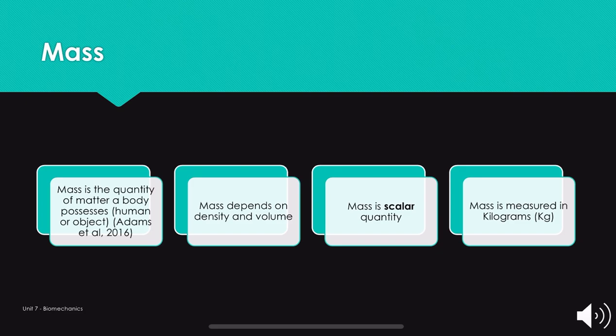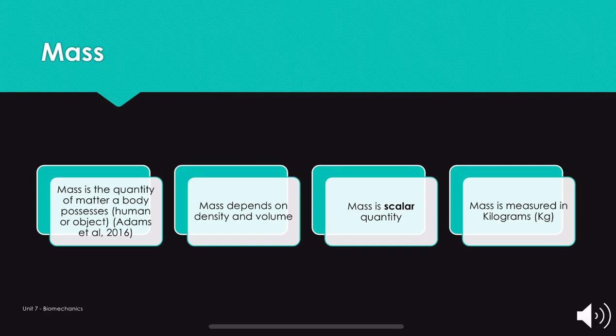Mass. So mass is the measurement of how much matter there is in an object, or is defined as the quantity of matter that a body possesses, human or object, and that's Adams et al. 2016. Everything has a mass, but masses can be different depending on the density and volume of an object.